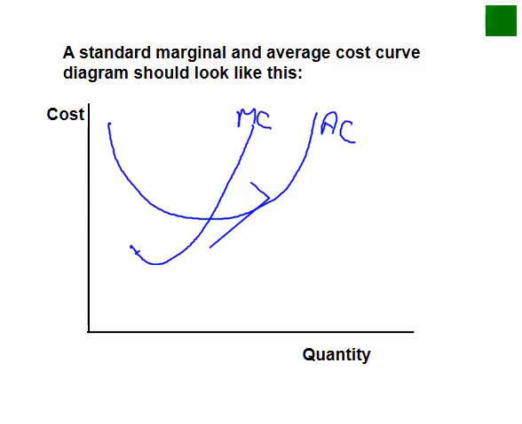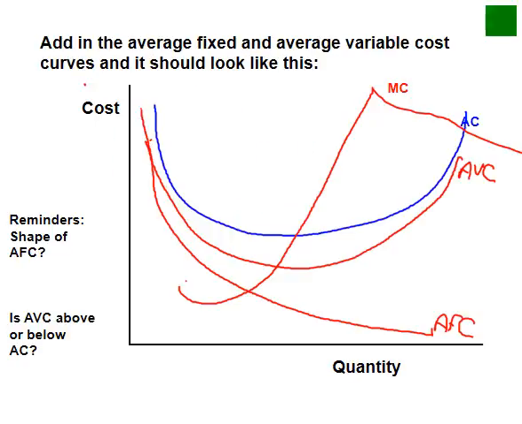So a standard marginal and average cost curve diagram should look like this, and you should be very familiar with this. So we've got the average cost here, and we've got marginal cost coming through the minimum. If we add in the average fixed and average variable cost curves, it should look like this. So let's start off once again with doing the average cost curve.